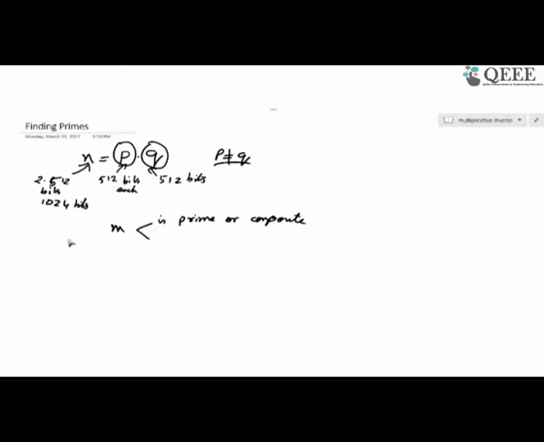What we did previously was run a loop for i equal to 2 to m minus 1, and check whether i divides m. If this is true, then we know that m is composite. And if you're not able to find such an i, then we return that m is prime.